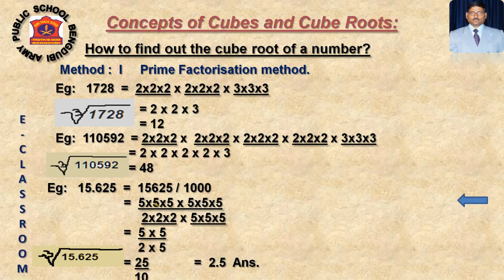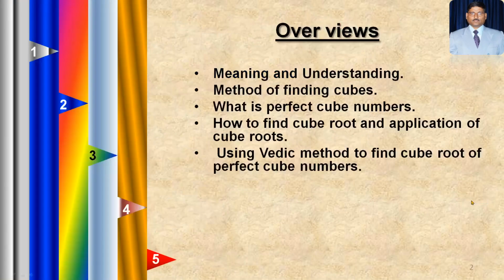Okay, from these groups of 5 I will be getting 5 twice, and from the denominator group I will be getting 2 and 5, and then 25 by 10, and the question was a decimal number, so your answer should be in decimal, that is 2.5. Understood?